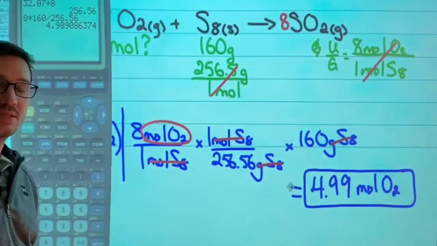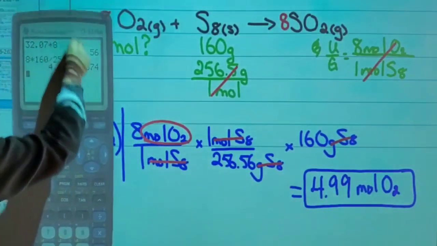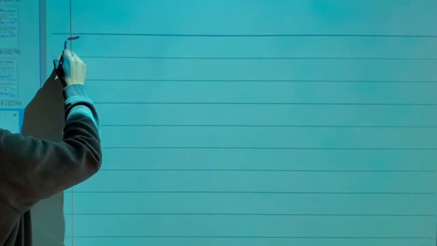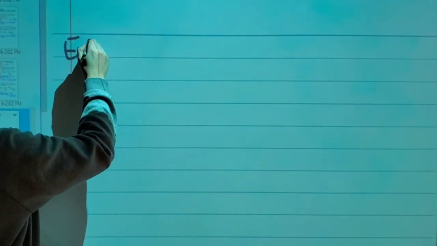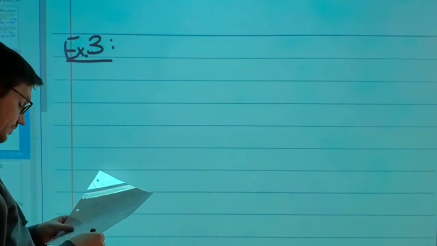Hopefully this process makes sense. We're going to do one more, okay? Example number 3. And then I'm going to get you to do some practice.